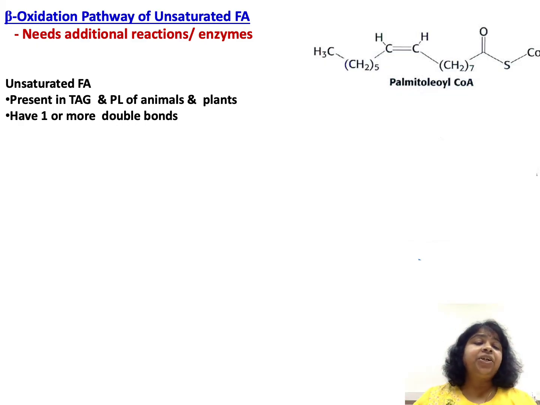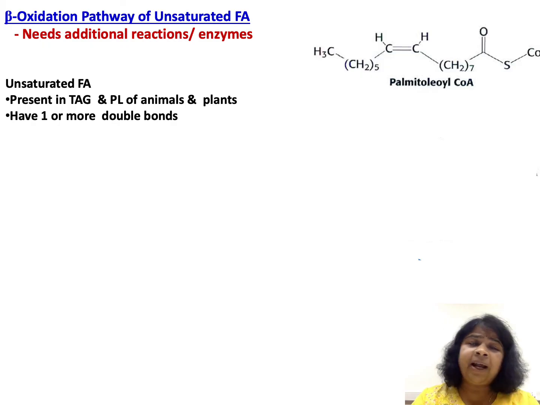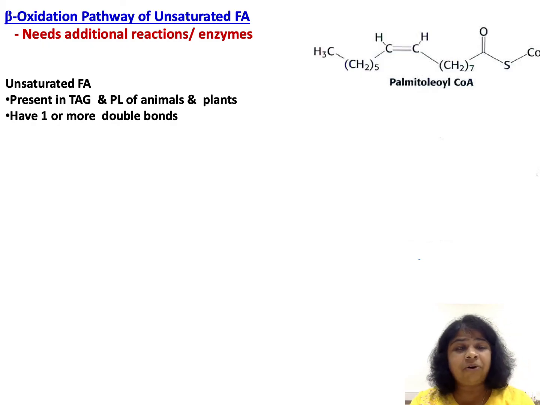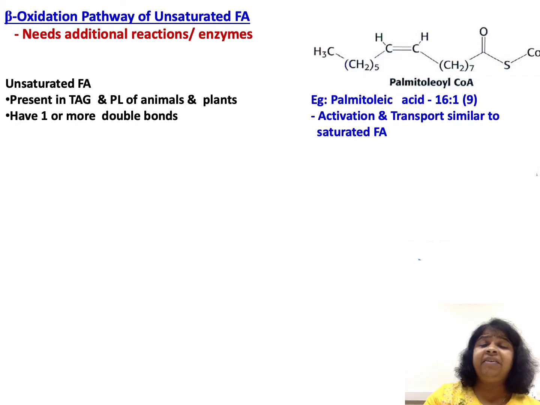These unsaturated fatty acids can be present in triacylglycerols, phospholipids, of animal origin, plant origin. We have a lot of unsaturated fatty acids. So initially the activation, transport, everything is similar to what we came across.